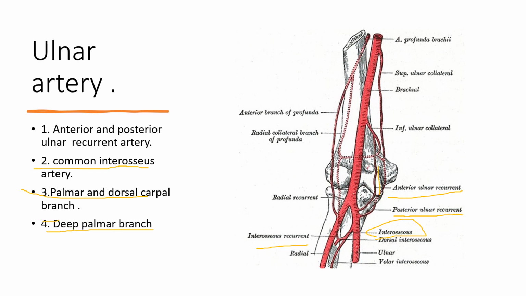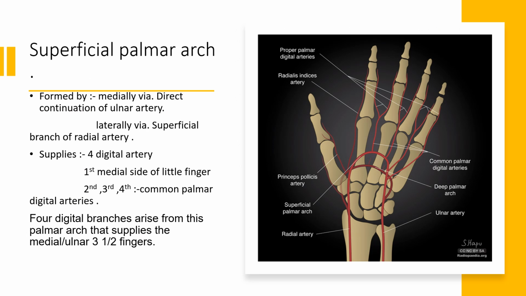Now here comes the interesting part. The superficial palmar arch is formed medially by the direct continuation of the ulnar artery and laterally by the superficial palmar branch of the radial artery.